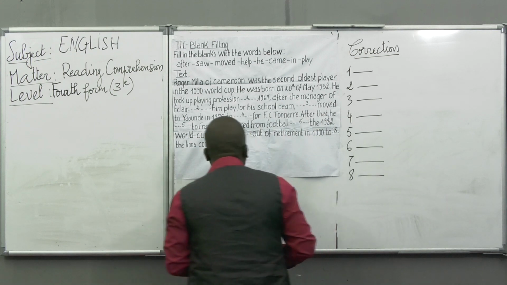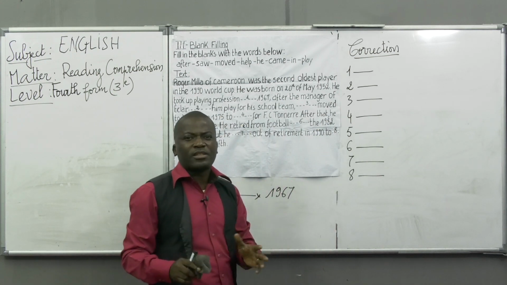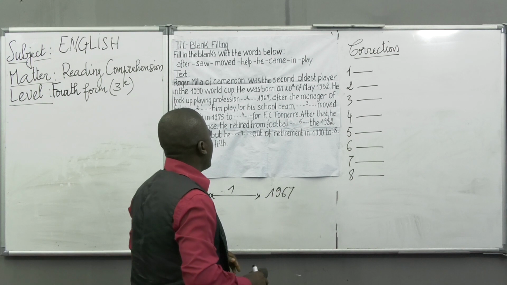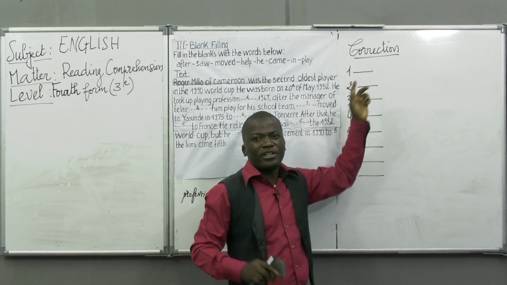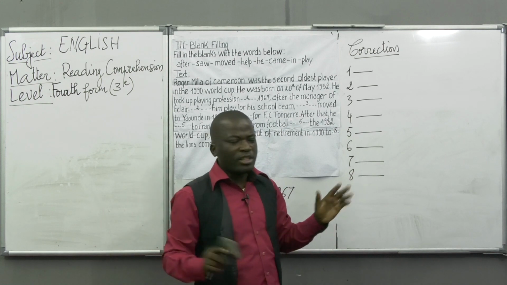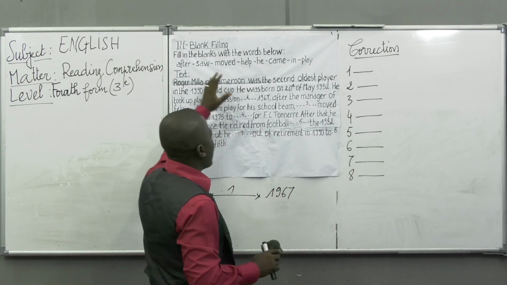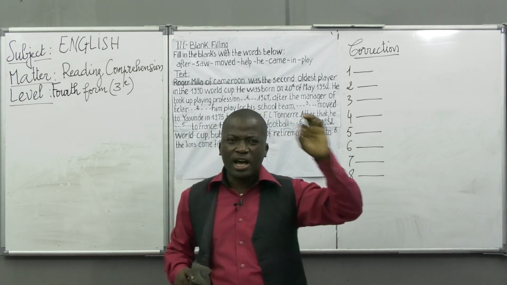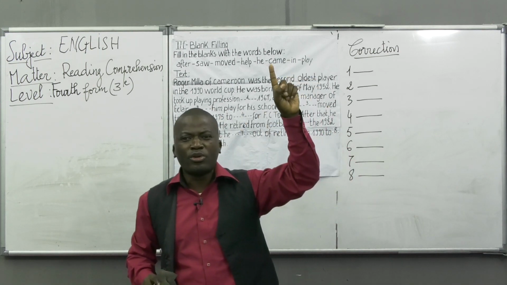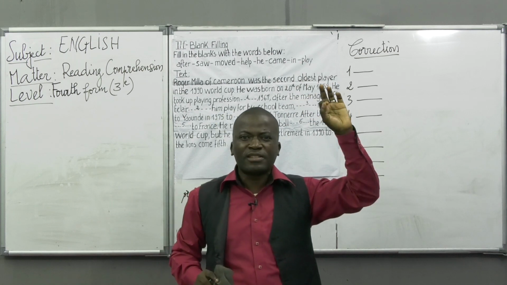Okay. Now, very often, class, during the BPC exam or examination, the first example or the first answer is very often given as an example. But here, we don't have any example. But remember about what I'm telling you. You always have the first example, the first answer, as an example.